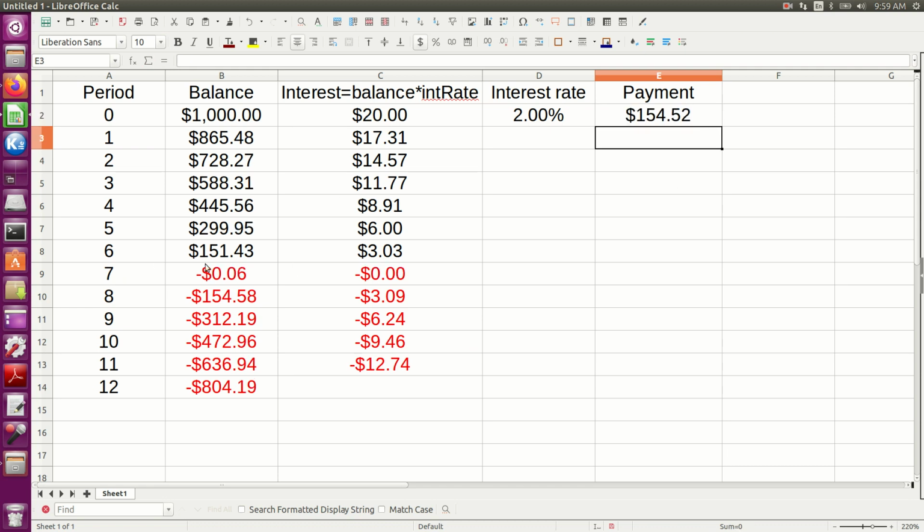And there, what would happen is I would make a payment at the end of period 1, 2 payments, 3 payments, 4 payments, 5 payments of $154.52, and then the bank would have me make a payment of $151.43 plus $3.03. They would have me pay $154.46 to get a balance of 0.